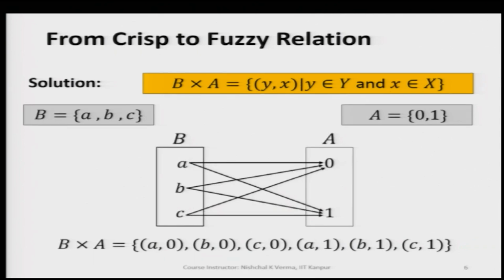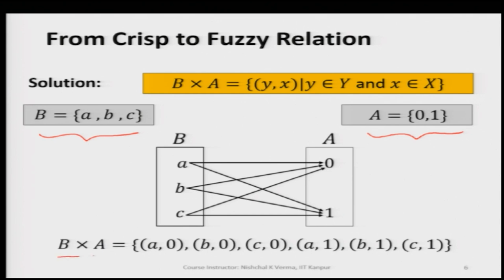Now, let us change the order and let us find B cross A. So, we write B here first and then we write A, and as we know, B has 3 elements A, B and C and A has 2 elements.